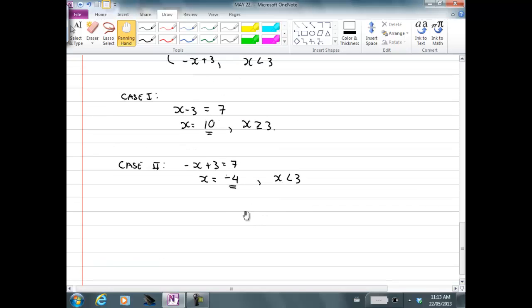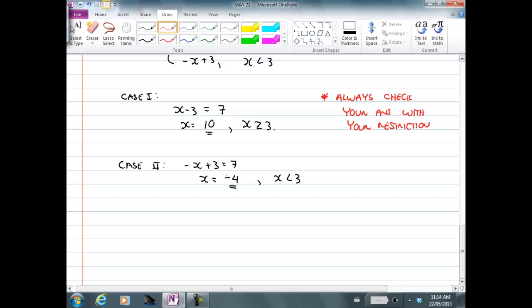Okay. Now I want you to write down a star. This is the crucial part. Always check your answer with your restriction. This is crucial right here.